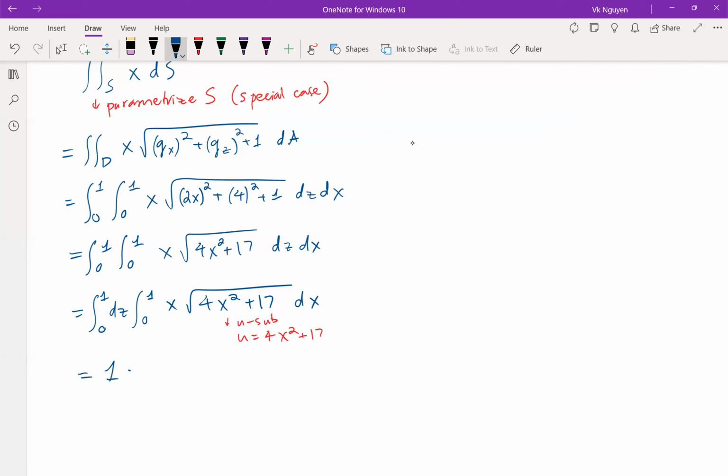Okay, so you get 1 over 8, and then 1 over 2 plus is 2 over 3, 3 over 2, 4x squared plus 17, to the 3 over 2.